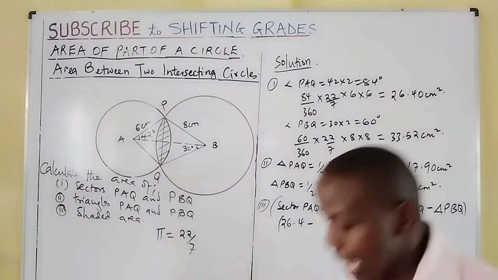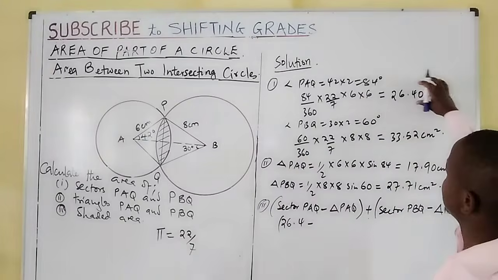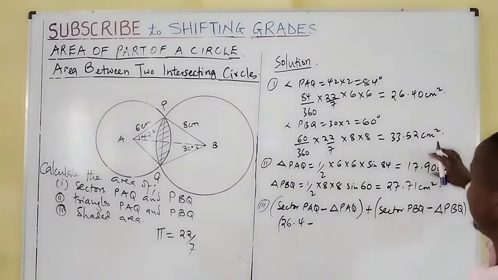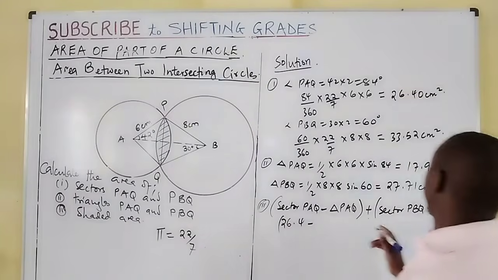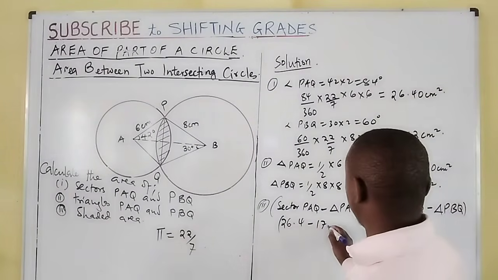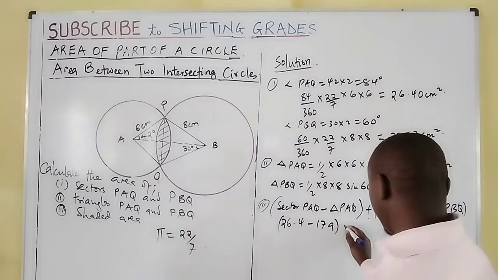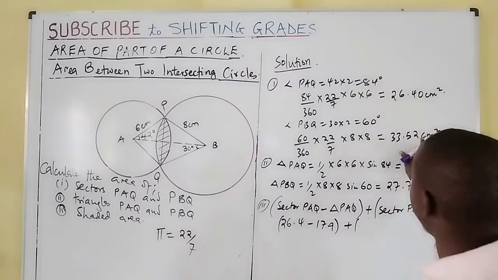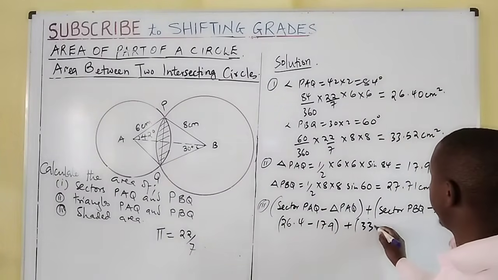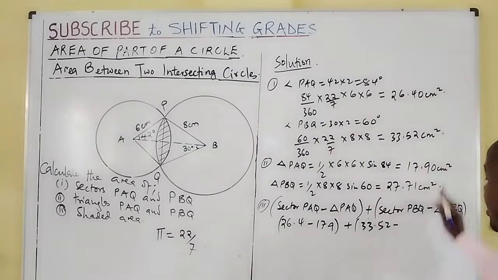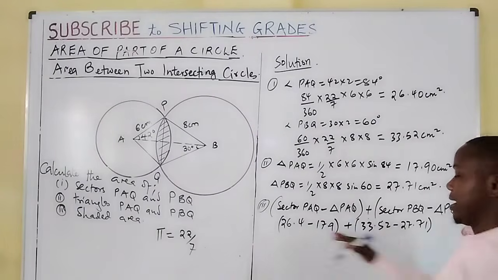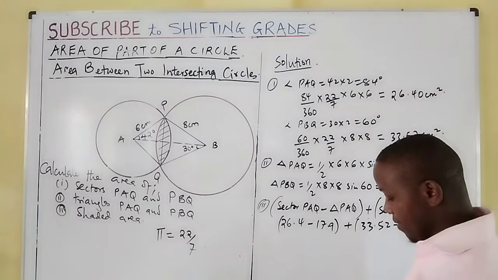The first sector, and we subtract the triangle in it, 17.9. The triangle in it is 17.9. Then we add the other sector, 33.52, and we subtract the triangle in it, 27.71. Then we will be getting a segment, then we add.